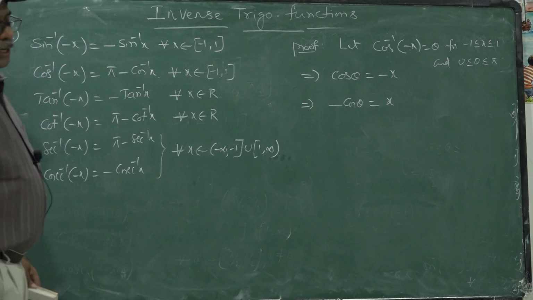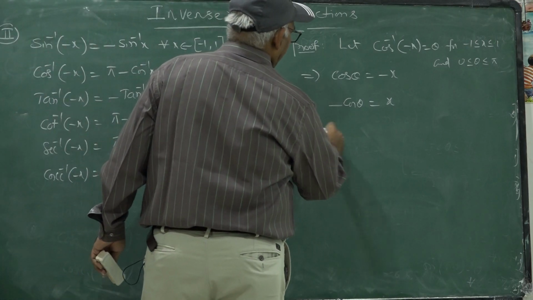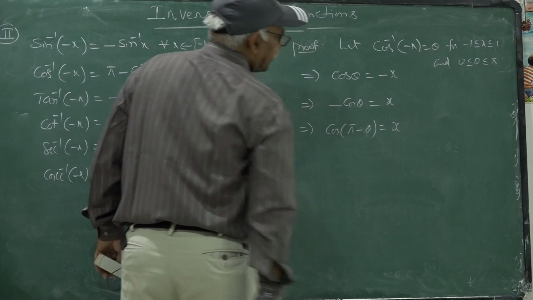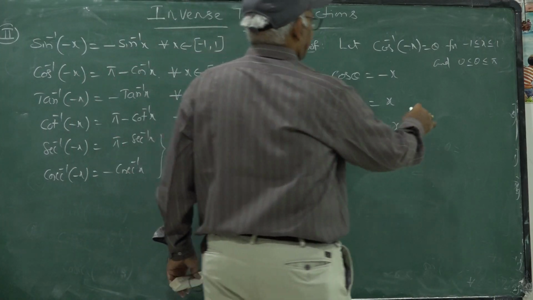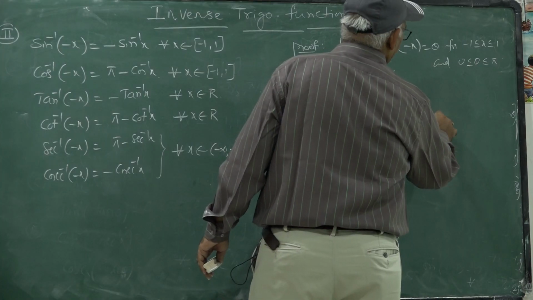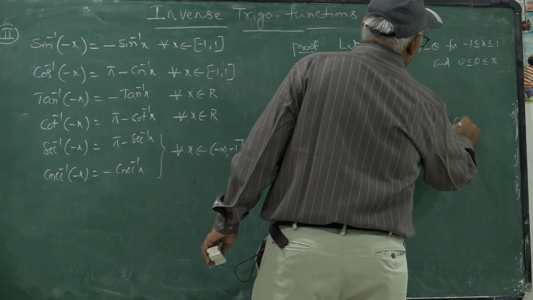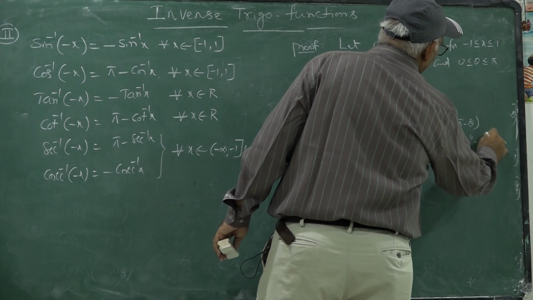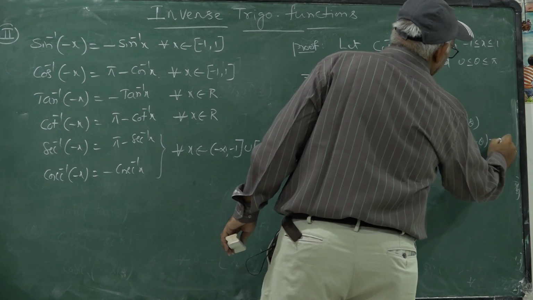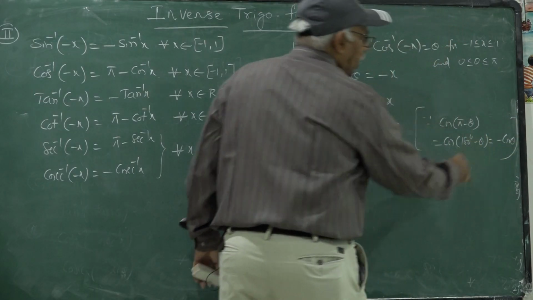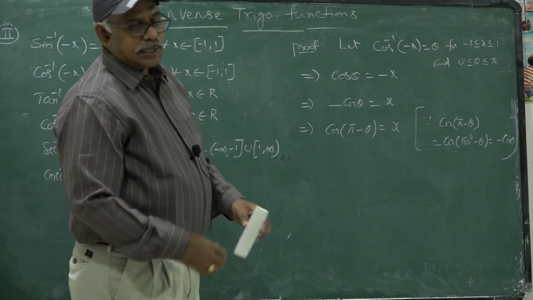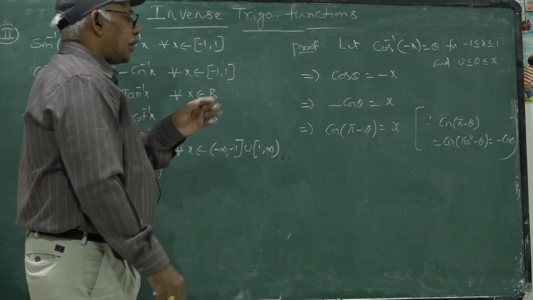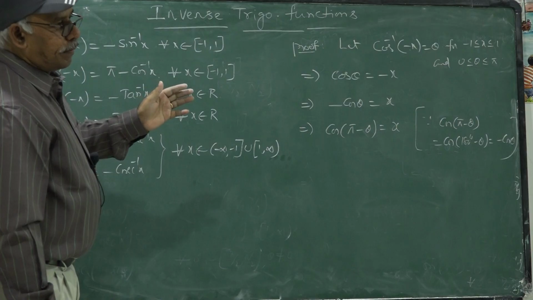But minus cos theta may be written as cos of pi minus theta, since cos of pi minus theta takes the value cos of 180 minus theta, which is minus cos theta. 180 minus theta falls in second quadrant. In second quadrant, cos is negative, hence we get minus cos theta. So, cos of pi minus theta equal to x.